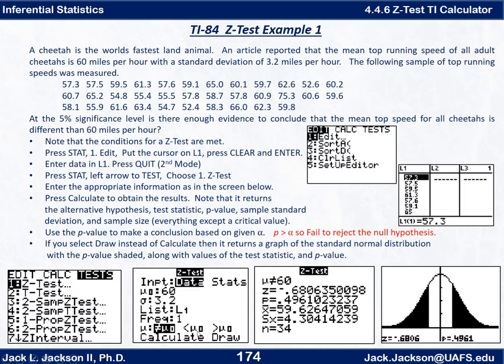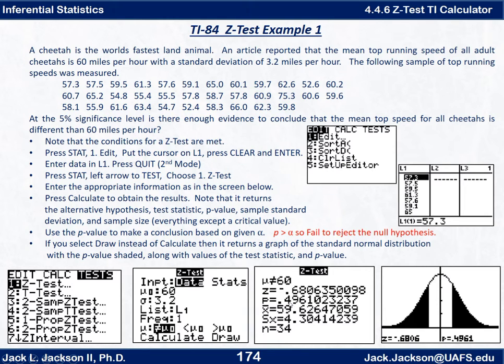If you click on Calculate, you'll get the summary screen here. It gives you the alternative hypothesis, mu is not 60. Of course, then the null hypothesis is that mu equals 60. This z is our z star, our test statistic, which is negative 0.68 something. So it tells us that the x bar is below the hypothesized mean of 60 by that many standard deviations of the x bars.